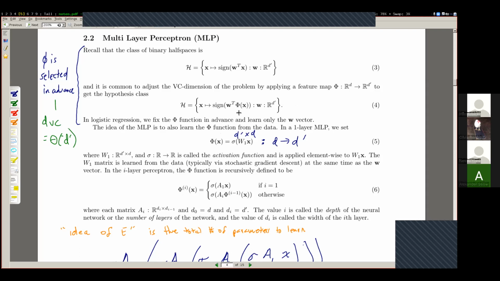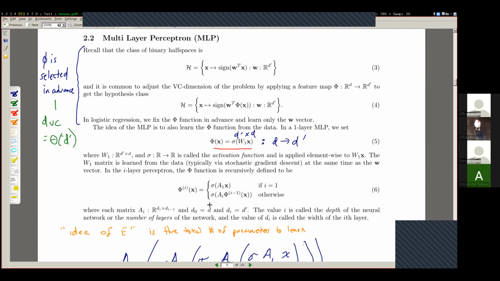And what does the MLP do? Well, it lets us learn this feature embedding automatically. You don't provide it, you don't say I'm using a polynomial kernel of degree 2. Instead, you say I'm using this function right here as my feature embedding, and I'm going to learn this W1 as well as this W up here. That's the one layer perceptron.